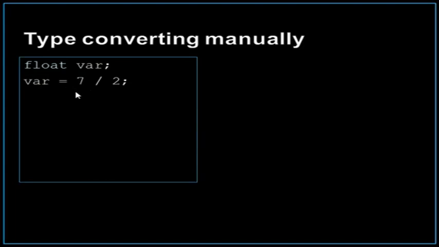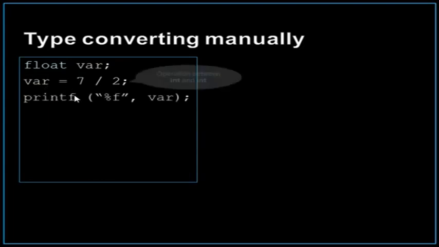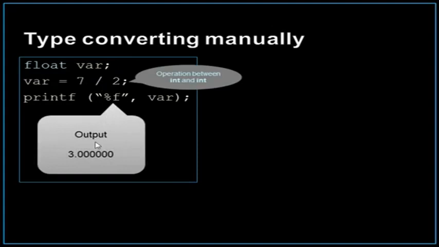Now a normal person would go on by saying that var will contain 3.5, but let's look if it contains 3.5 or not. This is an operation between integer and integer, so the result will be an integer. 7 by 2 is 3.5, the decimal part is truncated, so we get 3. Output is 3.00. Where is the 5?